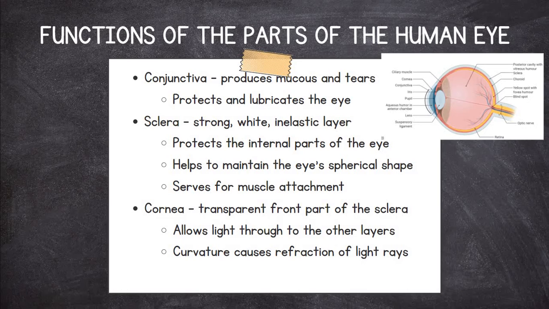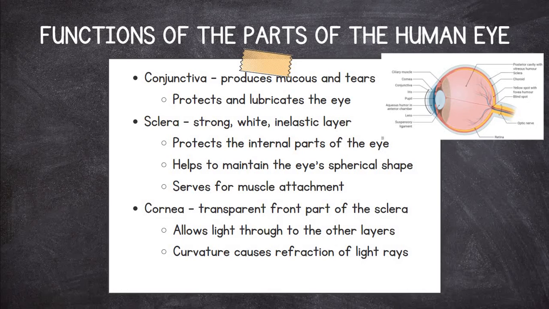Then we have the cornea, which is transparent, and it's at the front part of the sclera, so here over here. And the reason why it's a transparent layer is because it has to allow the light through in order for the light to actually reach the other layer, which will then produce our image.